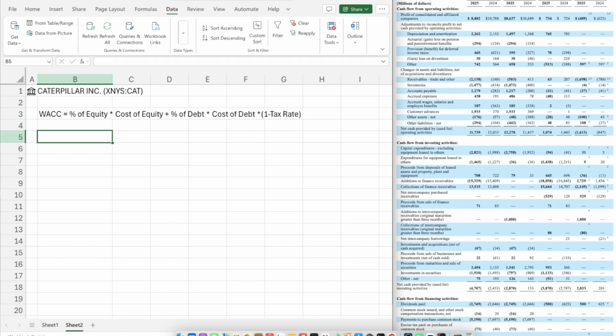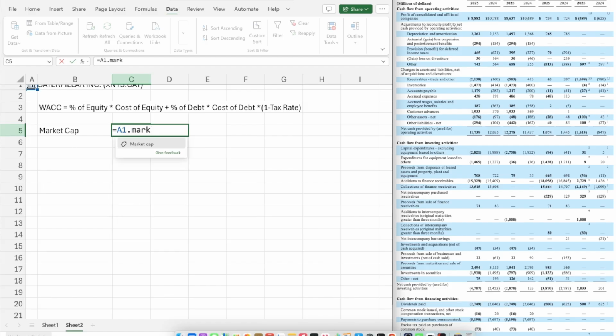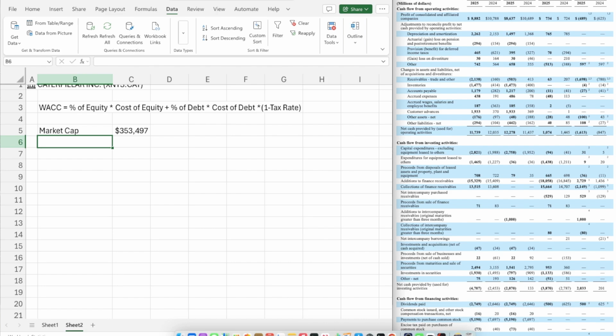There we go. The components we need: the market cap of Caterpillar, which is easy to find. We just go equals A1 market cap, but we divide it by 1,000,000 so that the formatting is correct, because these financial statements are done in millions of dollars. So currently it's about a $353 billion company.